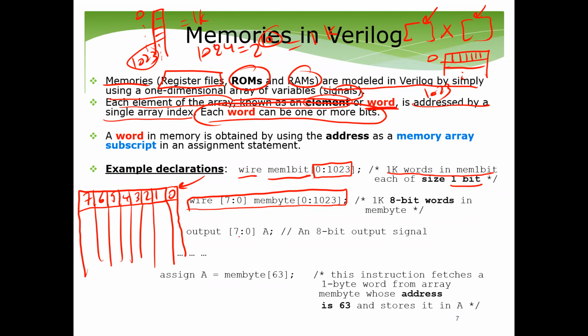Now each word is 1 byte. How many words do we have? 1024. So we will declare an array of 0 to 1023. What this line will declare is 1K 8-bit words. So this is one kilobyte.